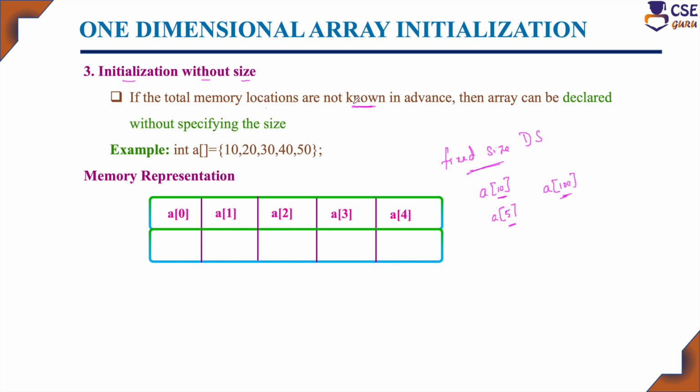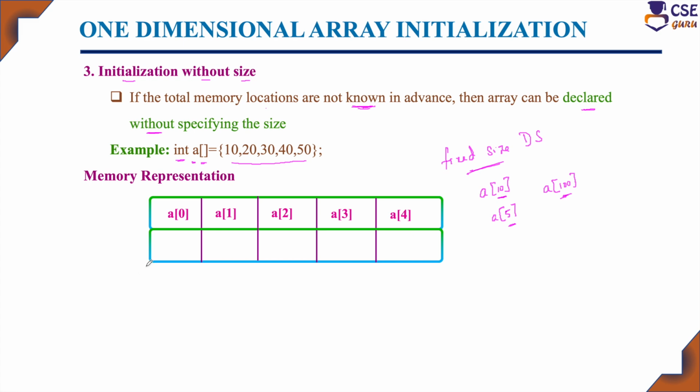If you don't know the size in advance, in that case, what can we do? Declare the array without specifying the size. So, here, data type, array name, we simply do not specify the size within the square brackets, and within the curly brackets you initialize the elements you want.